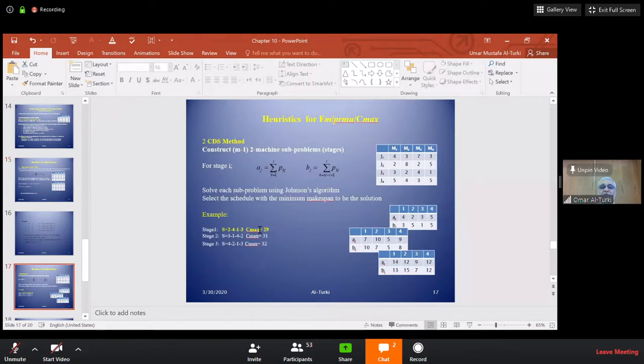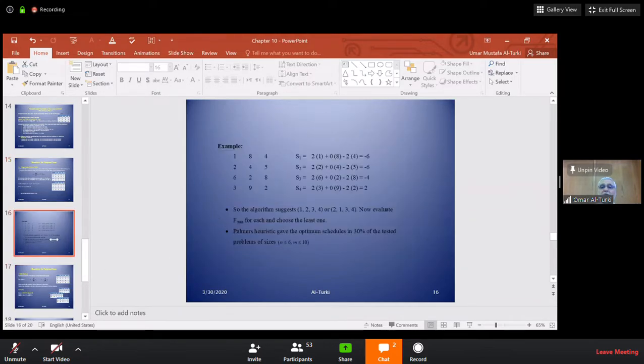Now in this example, it is odd. We have 3 machines. So the middle machine is multiplied by 0, the machine to the left is multiplied by 2, and the one to the right is multiplied by minus 2. So S1 is the processing time of job 1 on machine 1 multiplied by 2, plus 0, plus the last one multiplied by minus 2.